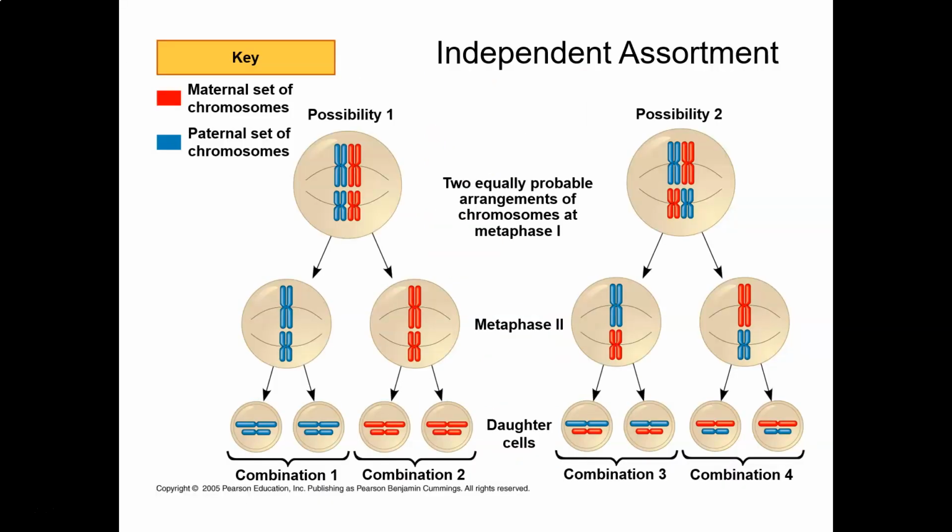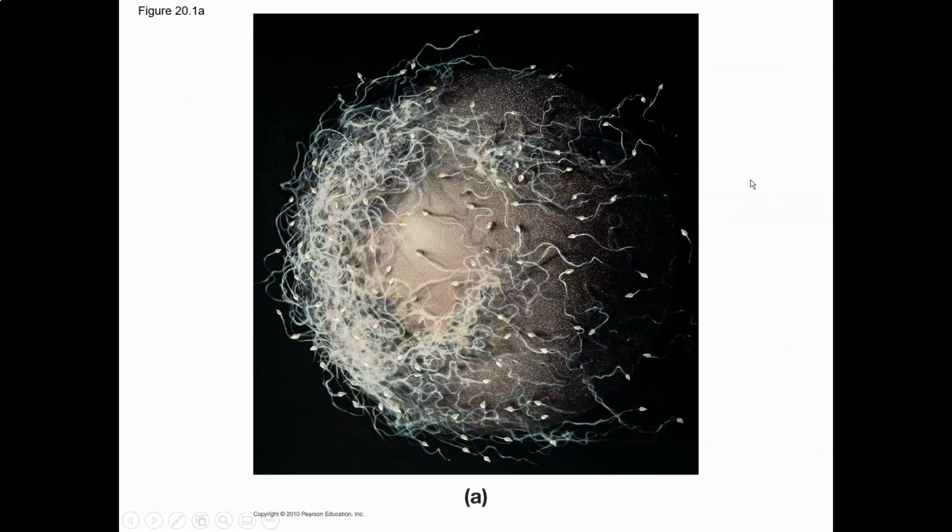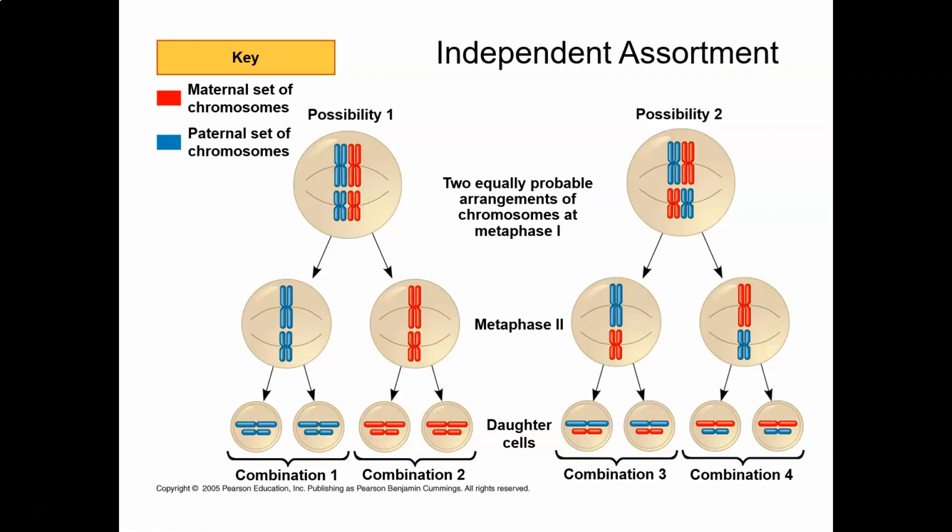Independent assortment refers to the random arrangement of non-homologous pairs of chromosomes at metaphase 1. So at metaphase 1 of meiosis, you have all these non-homologous chromosomes lining up. Like in this picture, you've got the big and the little ones. Those are non-homologous pairs. Like a pair of flip-flops and a pair of boots.